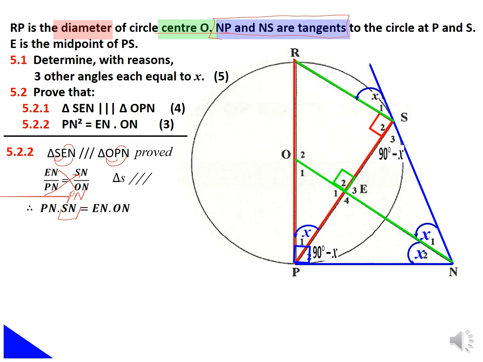So PN squared equals EN multiplied by ON, and that completes the answer for this question. We have been able to prove that PN squared is equal to EN multiplied by ON.